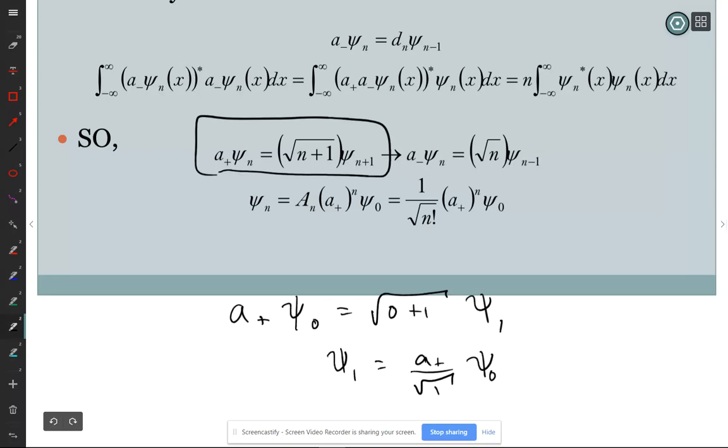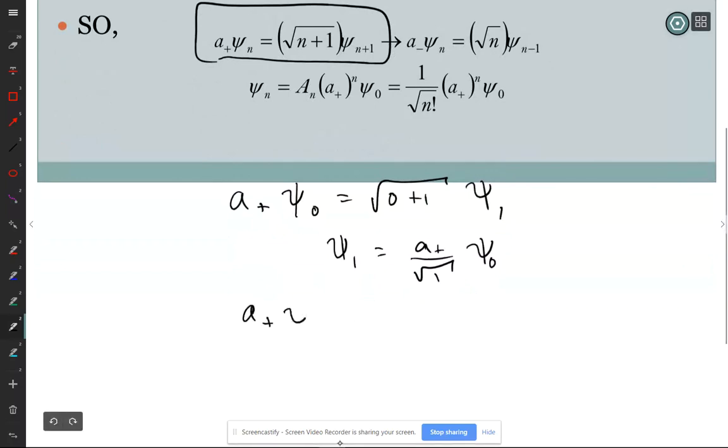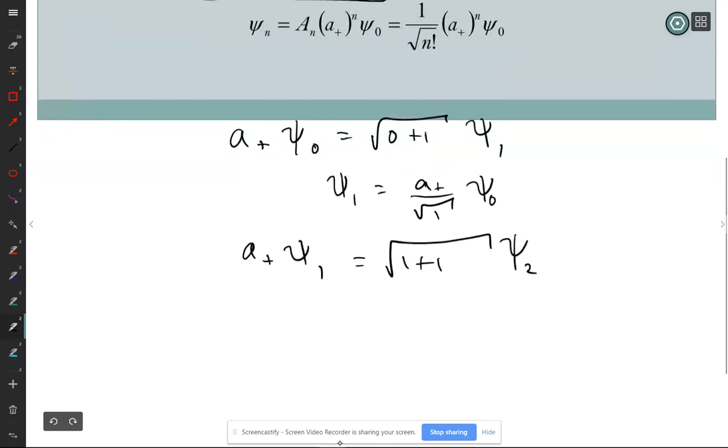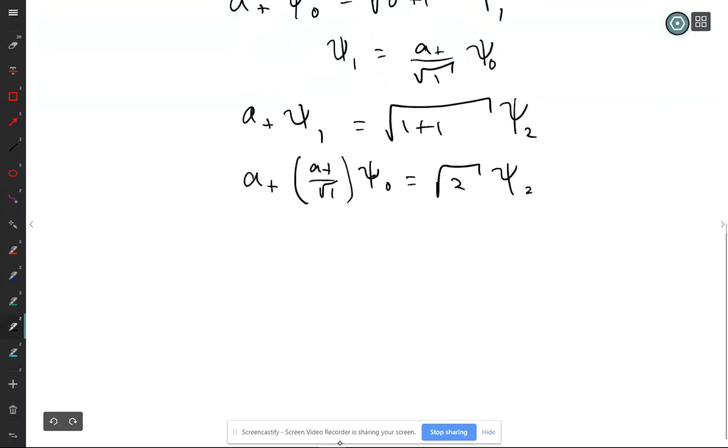I kept the square root of 1 there because if we did the next one, A plus acting on psi 1 equals square root of 1 plus 1 psi 2, then if I want to solve for psi 2, I have psi 2 is equal to A plus now squared over the square root of 1 times 2 psi 0.